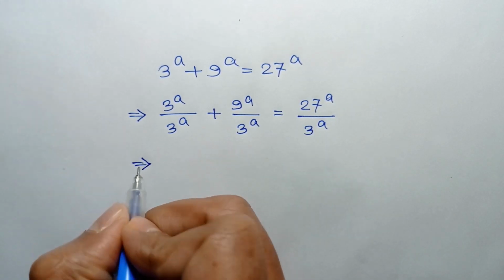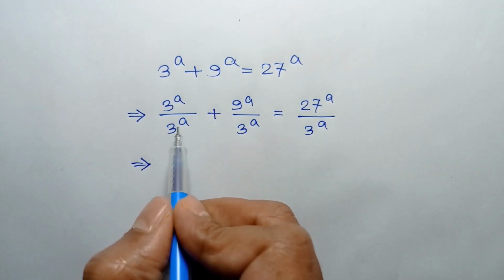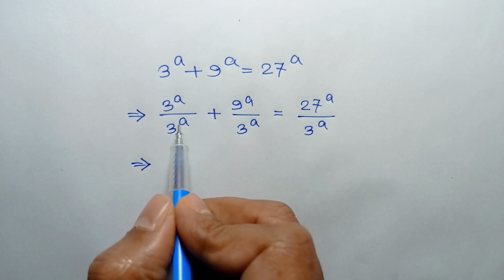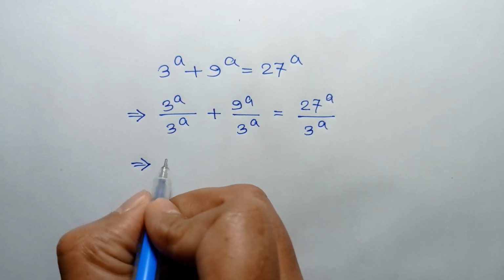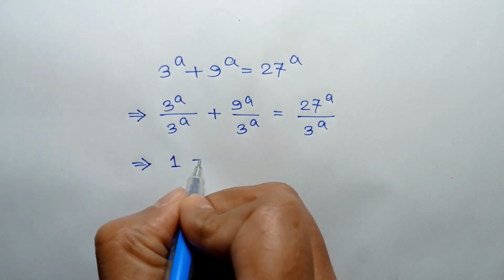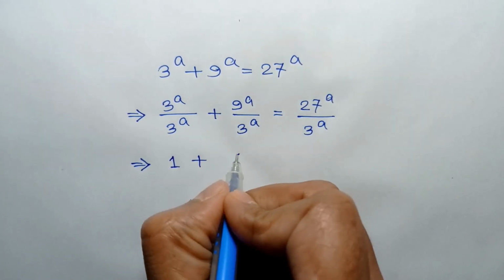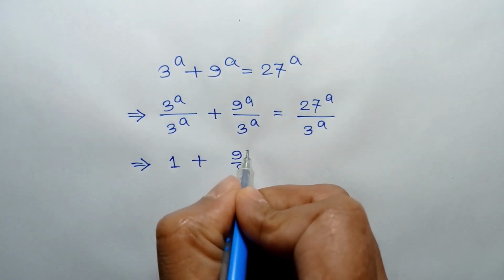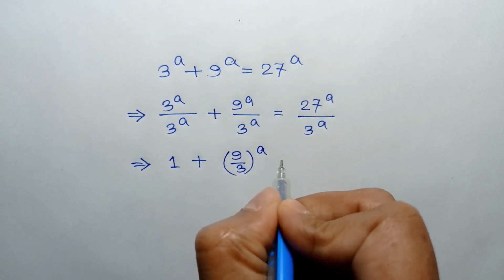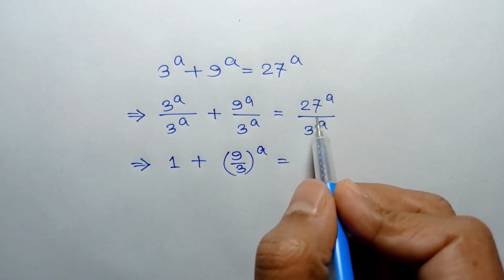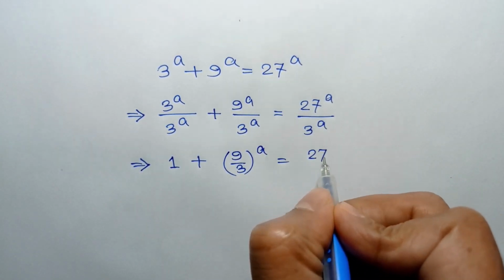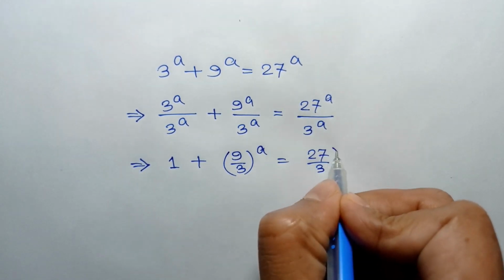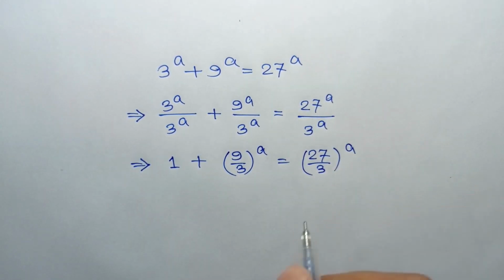This 3 to the power a over 3 to the power a will be 1, plus this can be written as (9 over 3) whole to the power a is equal to, similarly, this can be written as (27 over 3) whole to the power a.